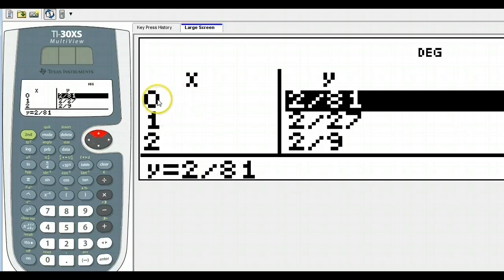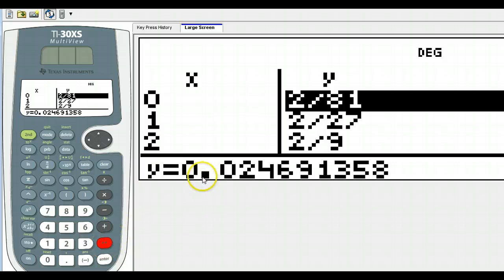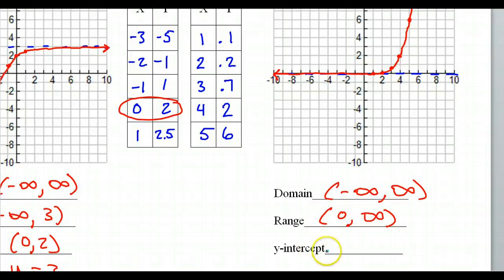So the y-intercept is 0 comma 2 over 81, and you might as well leave it as a fraction. If I toggle this, that's like 0.02, and you might be tempted to round that to 0, and I really don't want you to put 0. So we'll just use a fraction on this one. So 0 comma 2 over 81 is what it really is.